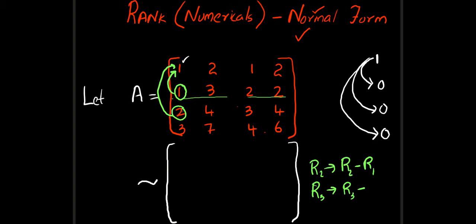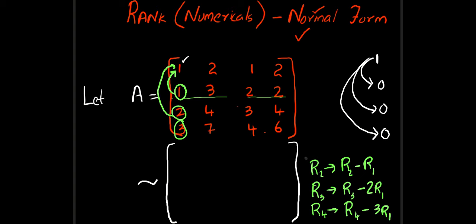But we cannot change one single element. The whole row should change. So we write R3 minus 2R1. And finally, with the same logic, R4 changes to R4 minus 3R1.